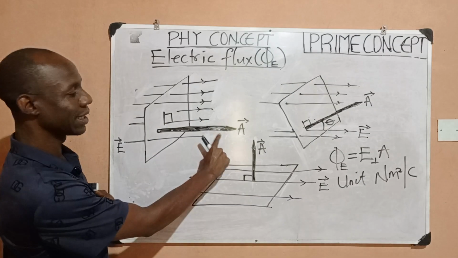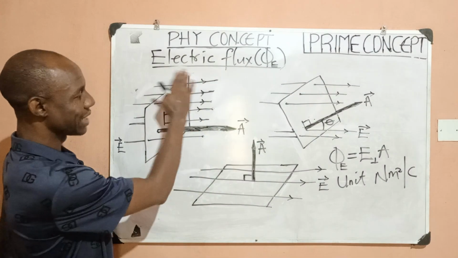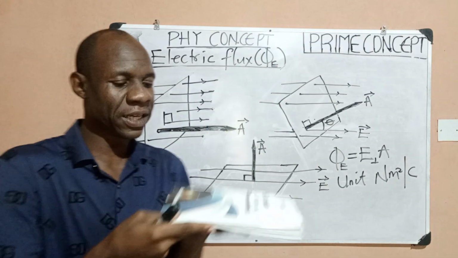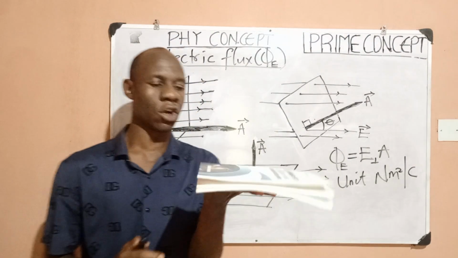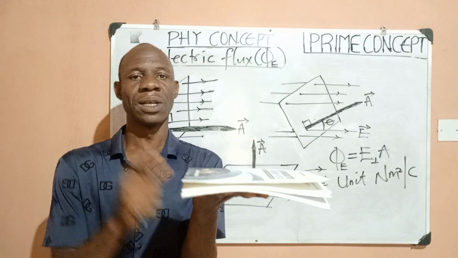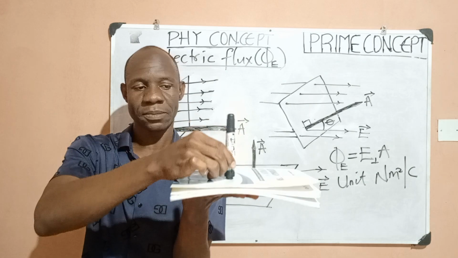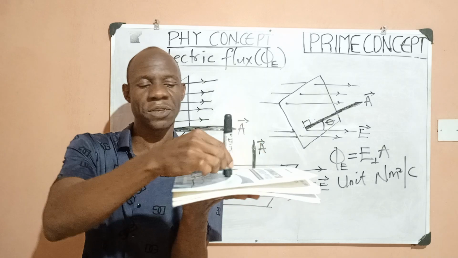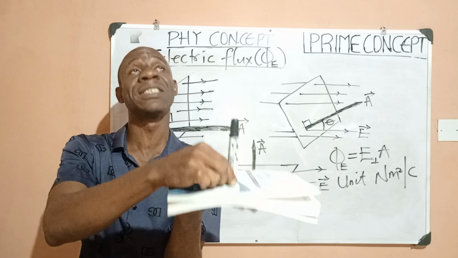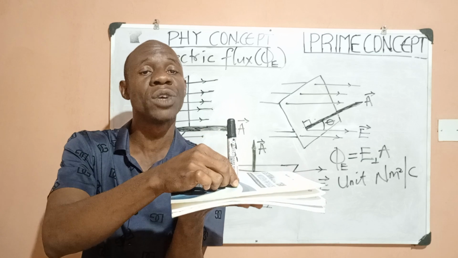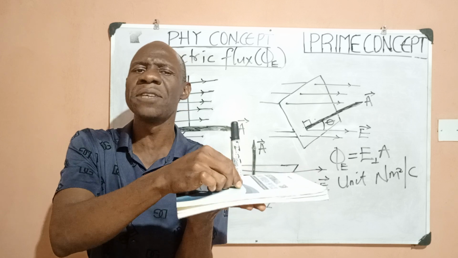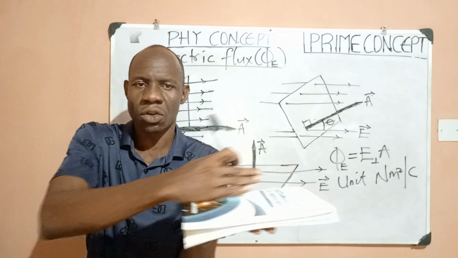Now, if I face this like this, this book is now facing up. The direction can be indicated by my marker, telling you that the surface of this book is facing up. So the area vector gives you the direction of the surface.